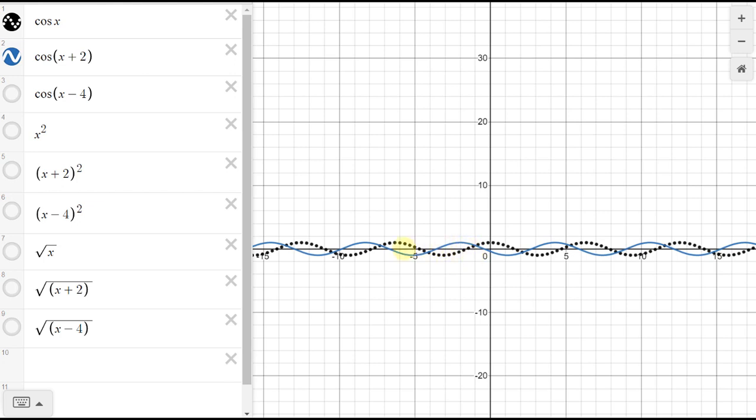And then if I take cosine of x minus 4, again it's kind of hard to capture, but it is moving the graph in the opposite direction. It literally works the same as the first 2 translations, but because these are wavy functions, it can be a little harder to fully grasp. That's why I showed you the other functions first.